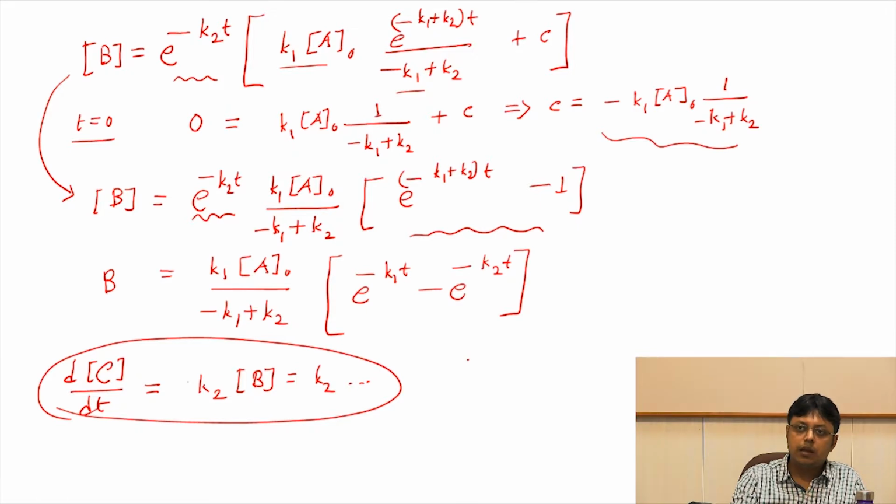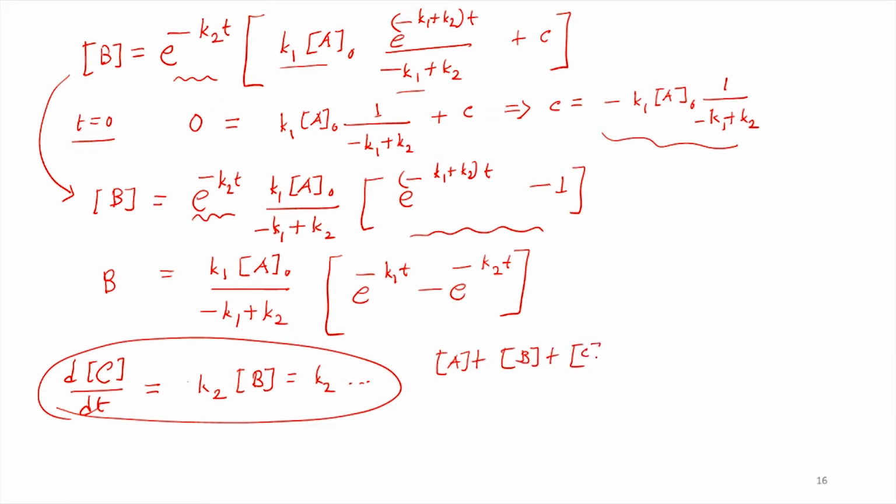At time 0, all the concentration was A0, and A0 is being converted to B, and B is being converted to C. So at any point of time, the sum of concentration of A plus B plus C will be the sum of the initial concentration, which is A0 plus 0 plus 0, which is nothing but A0.